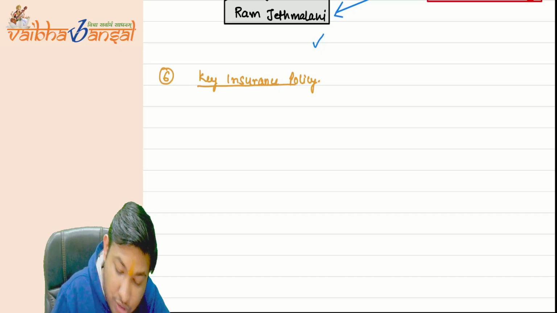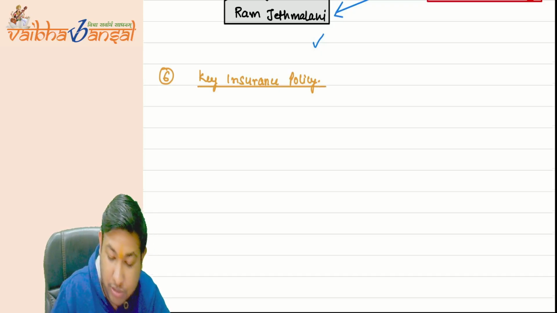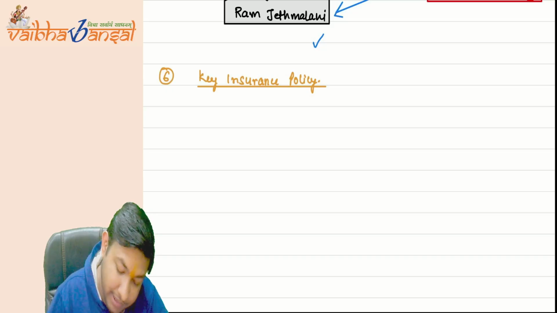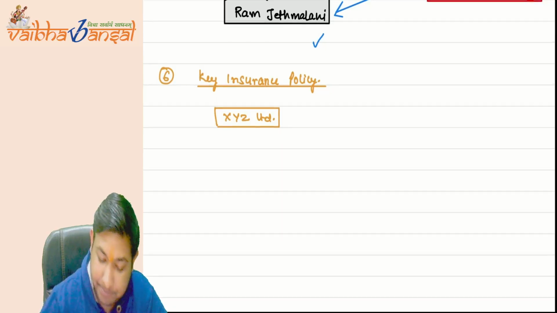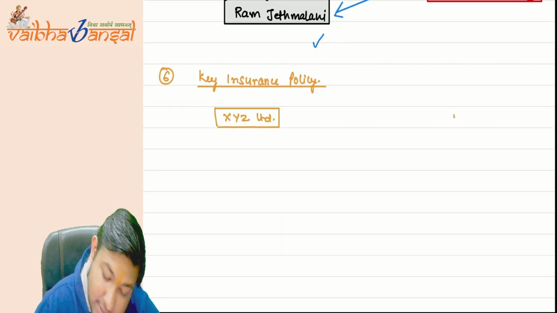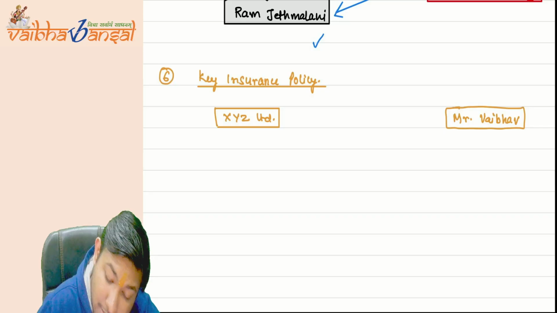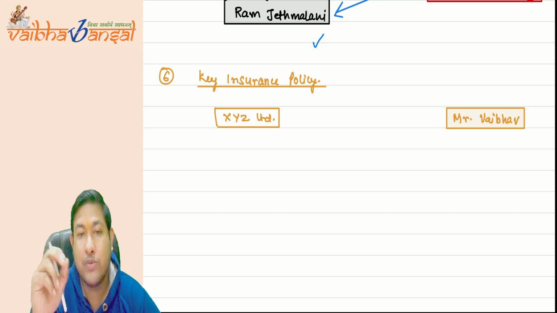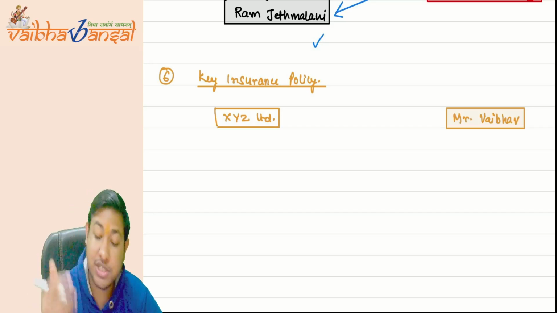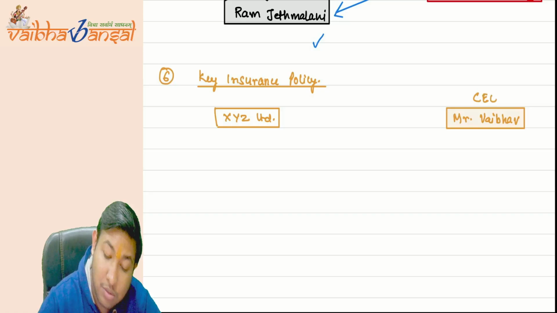What is a key man insurance policy? Suppose again there is a company named XYZ Limited, and this is Mr. Weber. Mr. Weber was very important for XYZ Limited because he was the CEO.